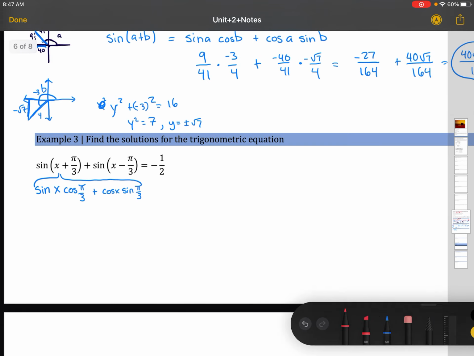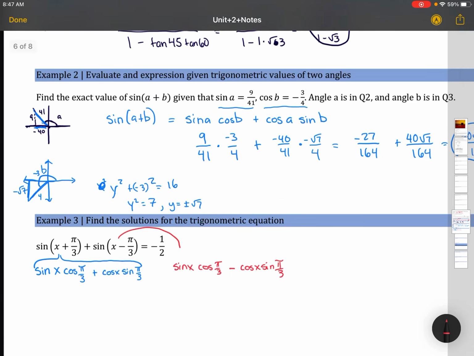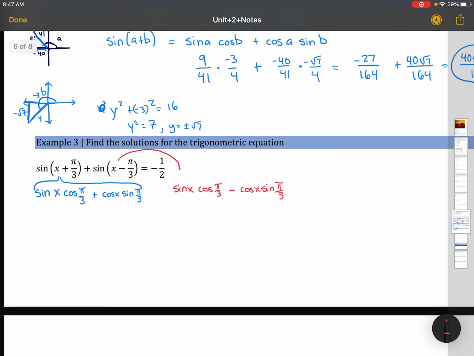Now in maybe red, for instance, we're going to break the sine of a difference down and get sine x cosine pi over 3 minus cosine x sine pi over 3. All of that is from the sine of a difference, which again is just the second formula.